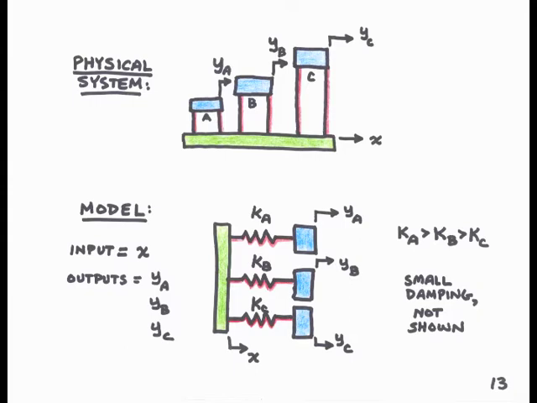Before doing that, let me point out that this system is exactly the same as we studied earlier in the case of the automobile suspension or the vibration isolation table. We have a base input, we have some suspension or flexure, and then we have a mass that's responding to the base input. Let's now look at the frequency responses of systems A, B, and C.